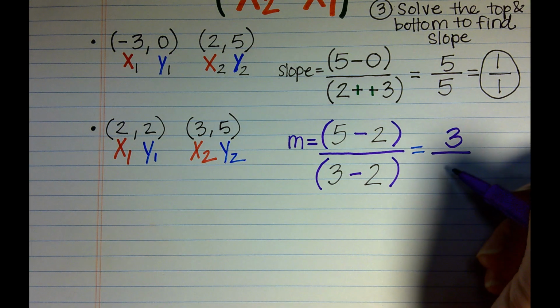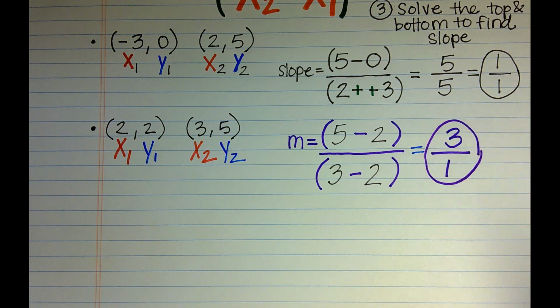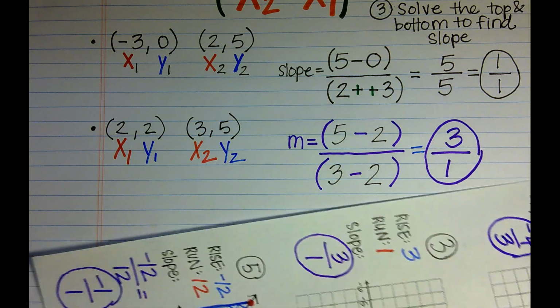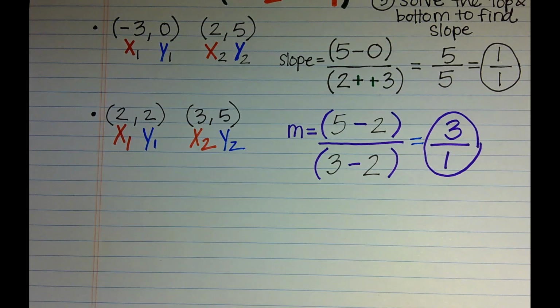Good. 3 minus 2 is 1. That's it. That's your answer. And if we look at number 3 on our do now, that's the slope we got. 3 over 1. It's correct. We did it right. Awesome.